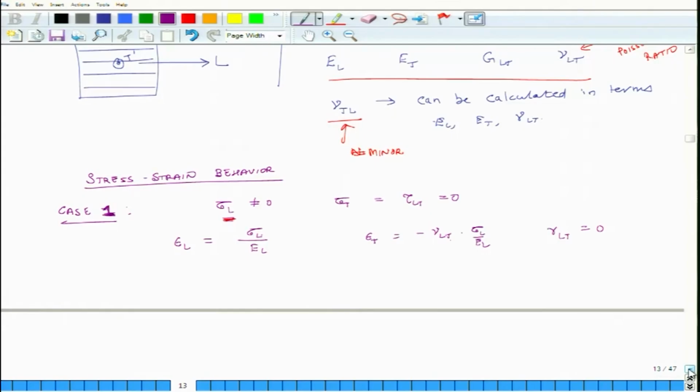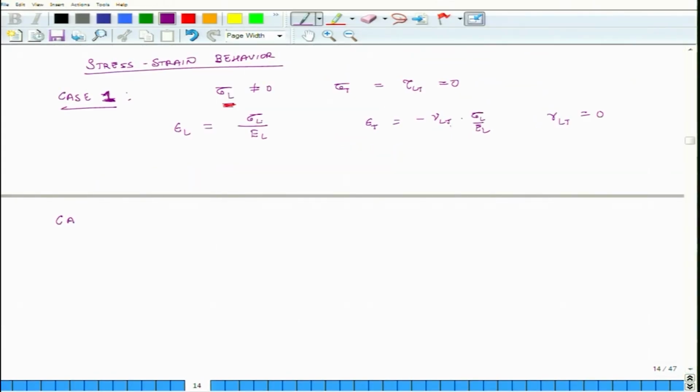Next, look at case 2. In case 2, we apply a pure transverse stress, only a transverse stress. So, in this case sigma L is equal to tau LT is equal to 0, but sigma T is not equal to 0.